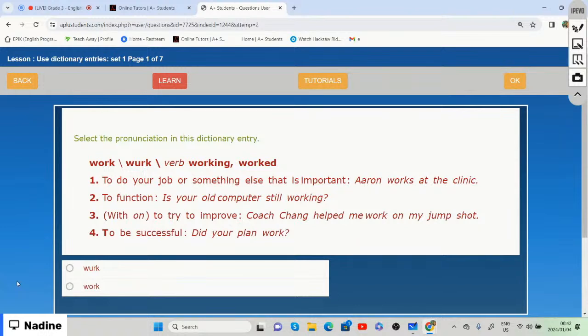Remember, the pronunciation is how you say the word. So we need to find the pronunciation. Is it the first option or the second option?